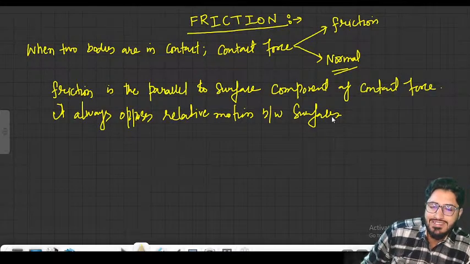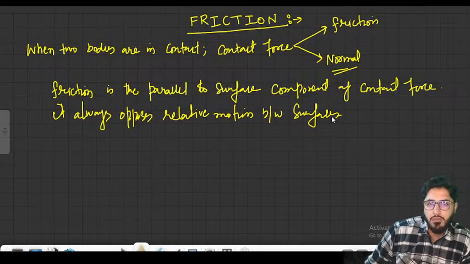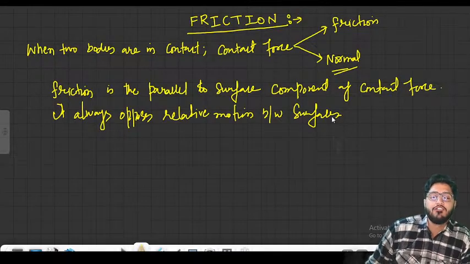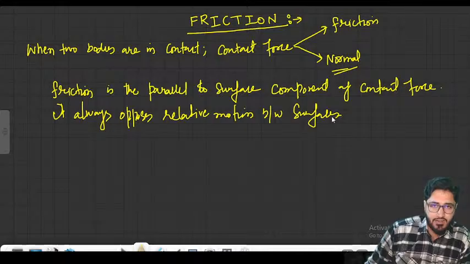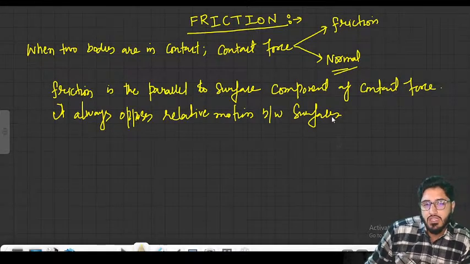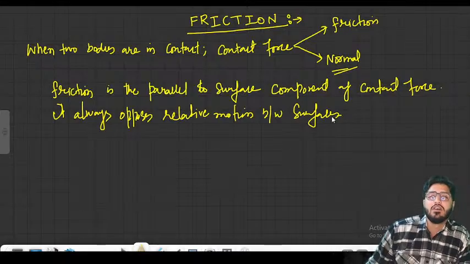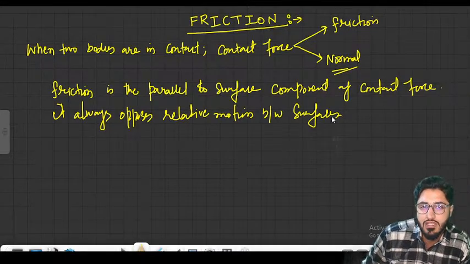So friction is that component of the contact force which is parallel to the surface, and its working is that it always tries to stop or oppose the relative motion between the surfaces.